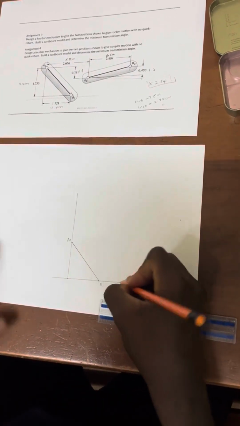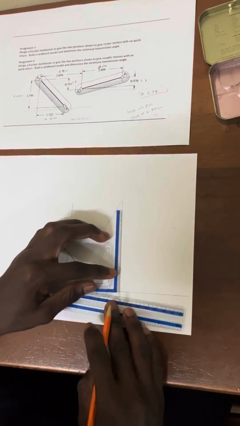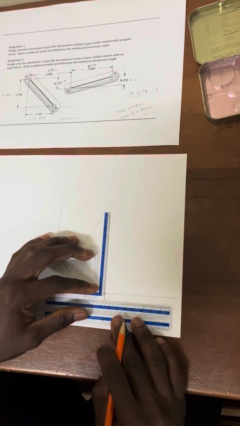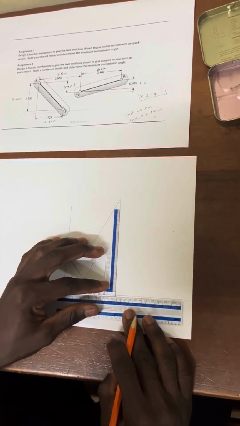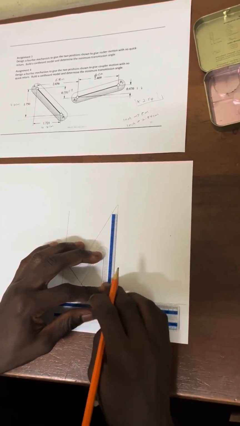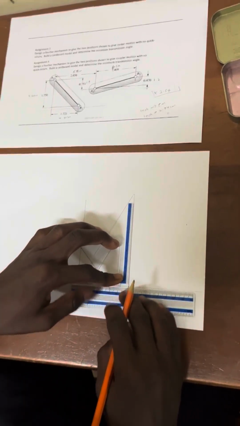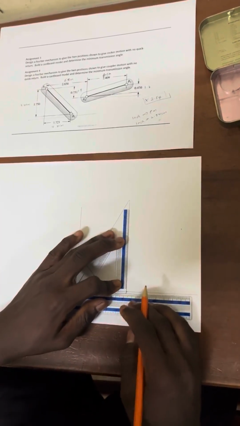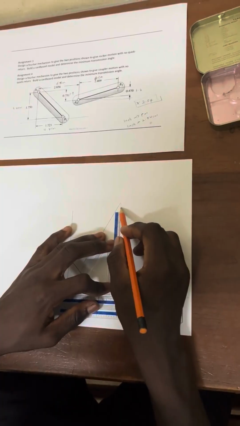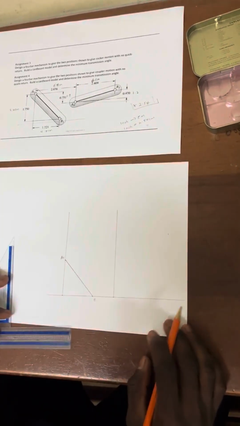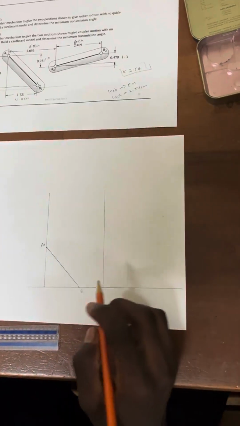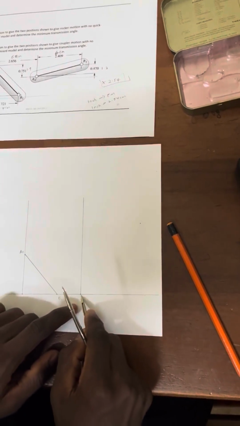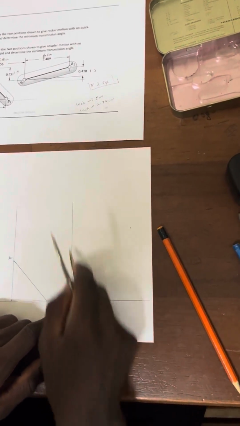And then I draw a vertical line through it. Have to ensure the line is vertical. So that means A2 is going to be on this line.